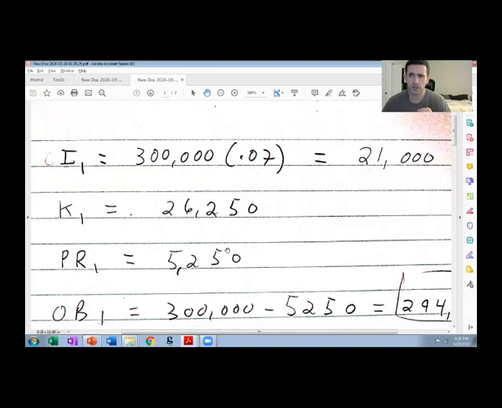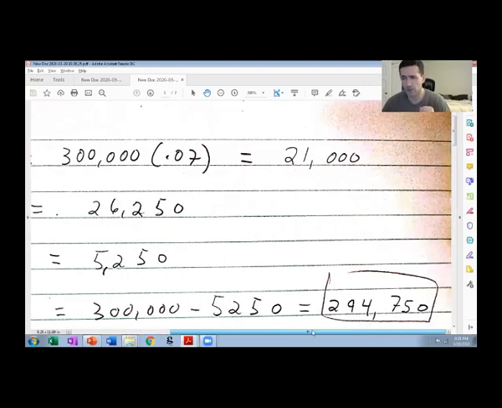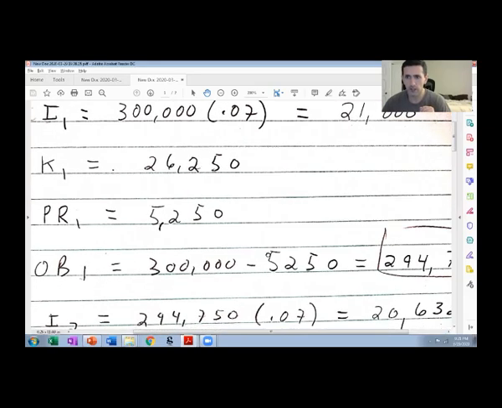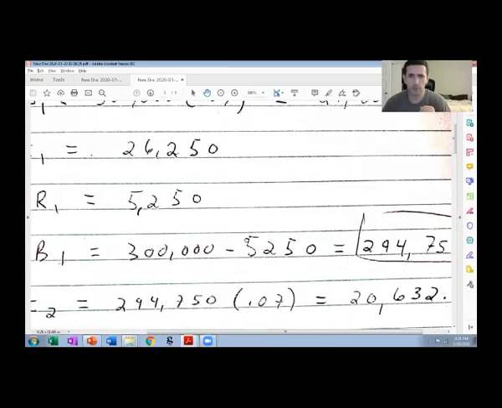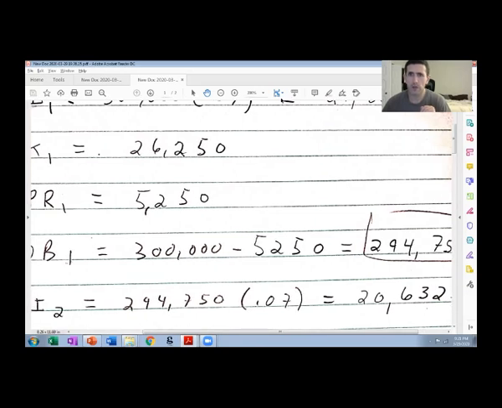So that means the outstanding balance at the end of the first year is 300,000 minus what you're chipping away at for principal. That's 294,750. Okay, so let's do this one more time.